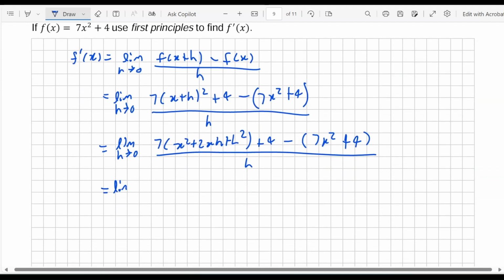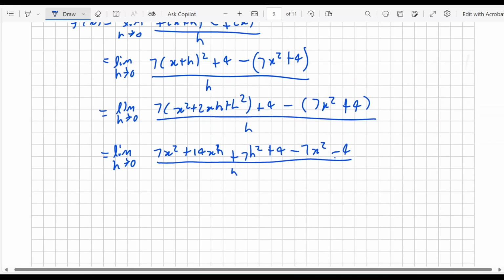All right, this is the limit as h goes to 0 of 7x squared plus 14xh plus 7h squared plus 4, take 7x squared, take 4, all over h.